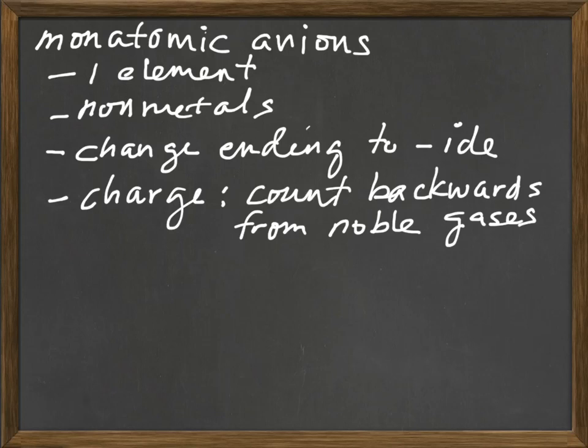So if we look at sulfur, pretend you're playing a board game and you put your marker on argon. And how do you get to sulfur? You go back -1 to chlorine, -2 to sulfur. So sulfur forms a 2- ion, and its name is sulfide.